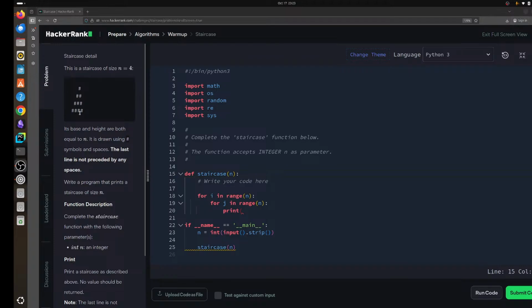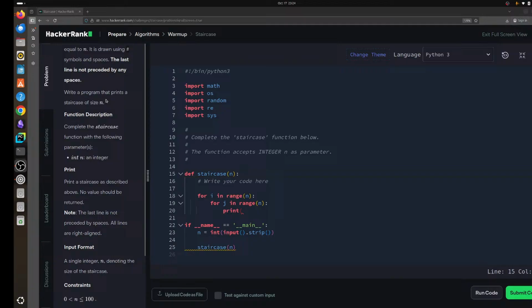So base and height both will be n. The last line is not preceded by any spaces. It is drawn using hash symbols and spaces. Write a program that prints a staircase of size n.